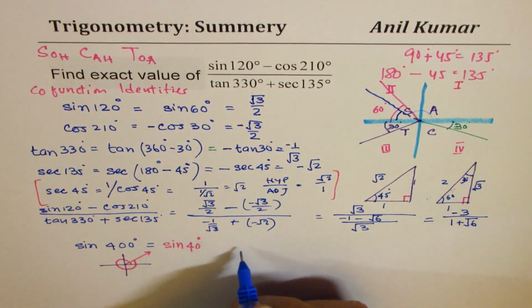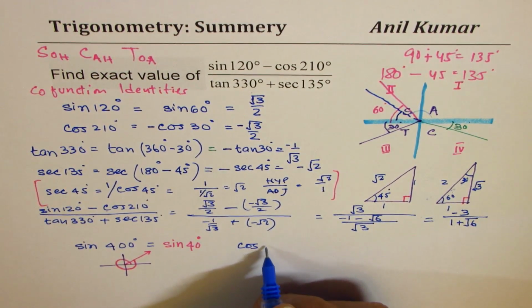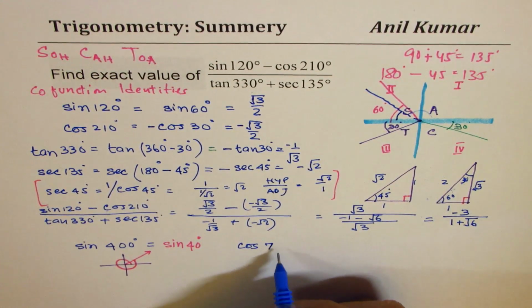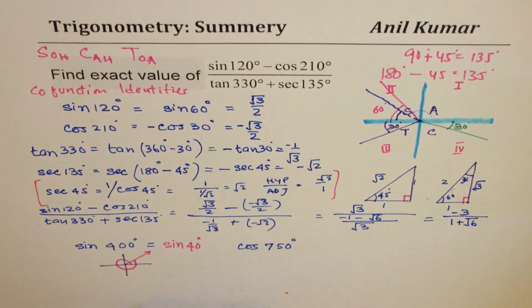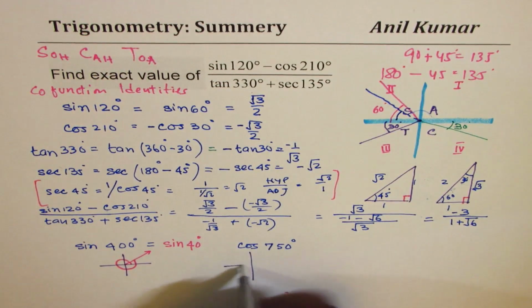Now if I say evaluate cos of, let us say, 750 degrees, let's say. Okay, now that means what? That really means that if I have, let me just sketch it again for you.